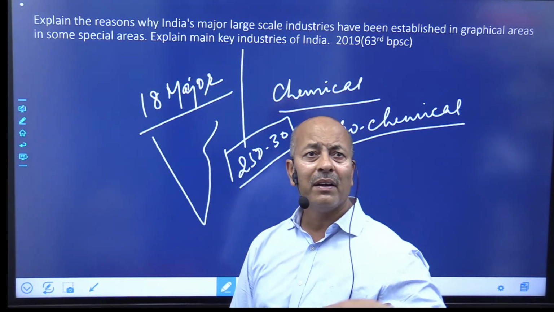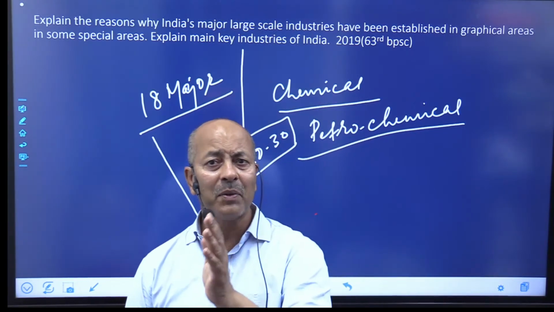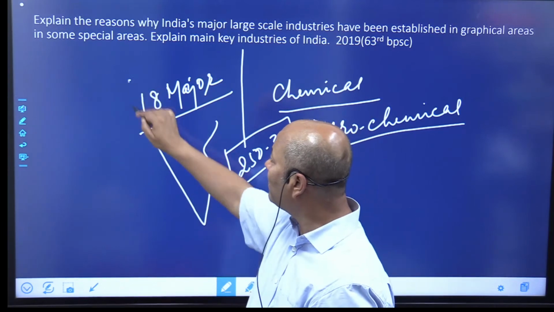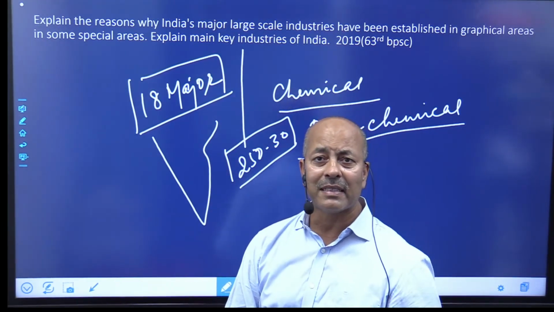Suppose you go for the first section, the iron and steel industry, then the cotton textile, then the chemical industry. In all three phases, you find proper map support for the location of industry.